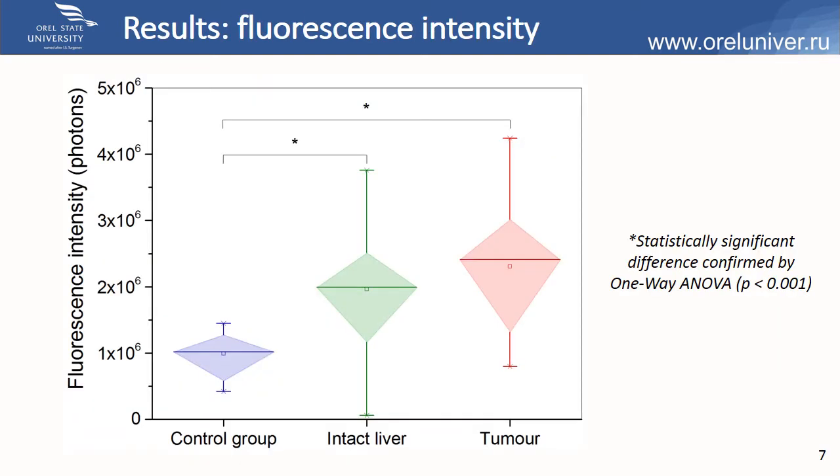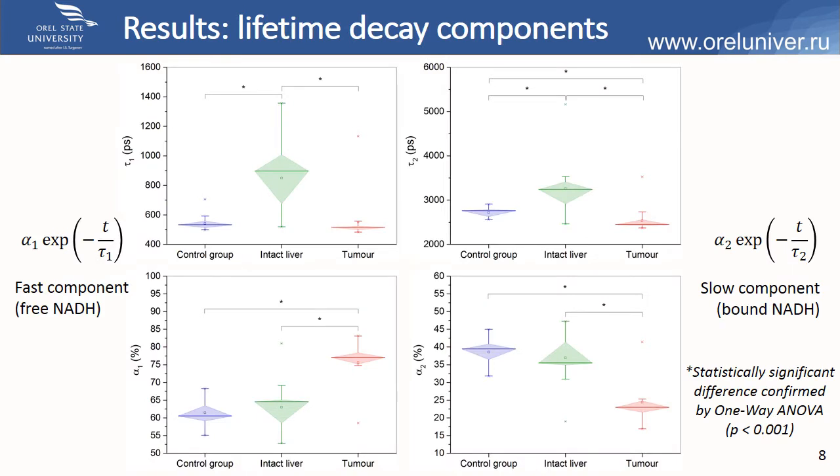This slide shows the results of measuring average fluorescence intensity. Fluorescence intensity increases in both intact liver and malignant tissues, with a slight prevalence in tumor tissues compared to the control group of mice. The values of both lifetime decay components significantly decrease in malignant tissues compared to intact liver.